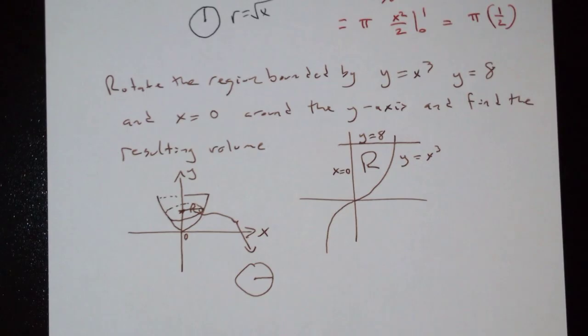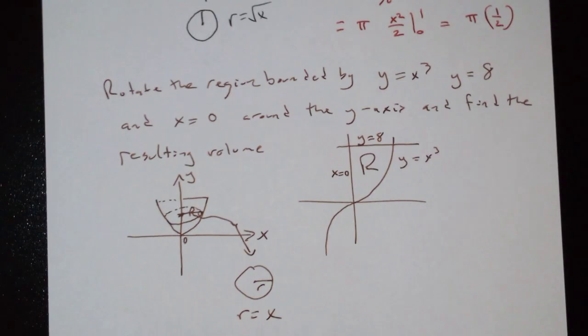But the radius goes this way. It's not a y value anymore. What kind of a value is it? And what's the left x value? 0. So it's whatever the x value is on that side of the curve. Okay, my radius here is an x value.